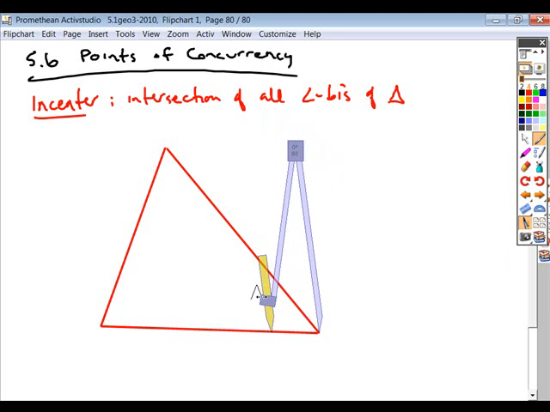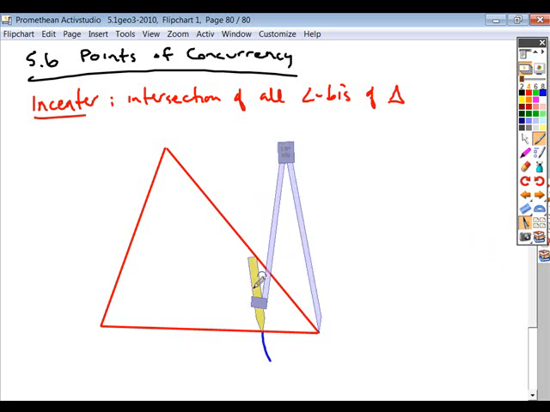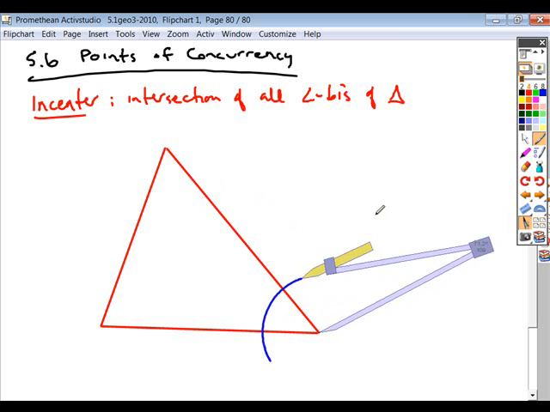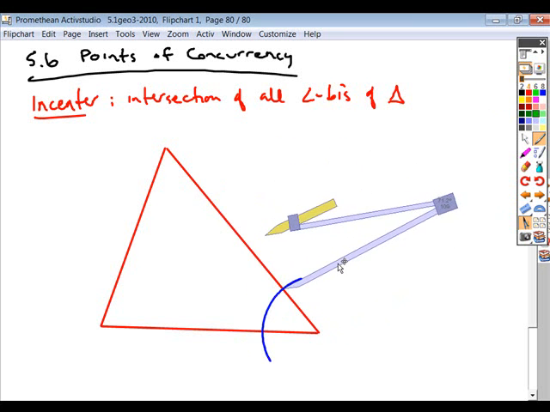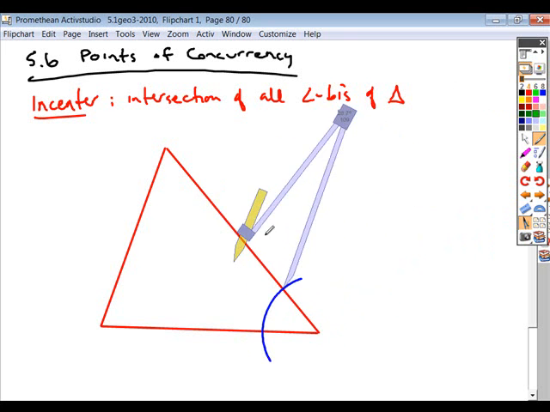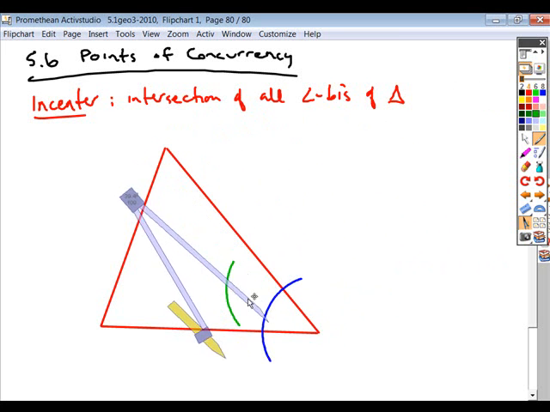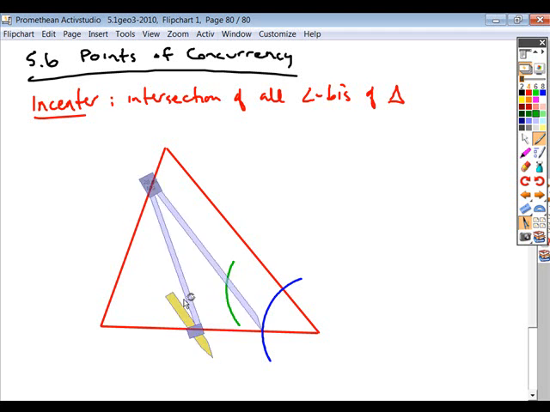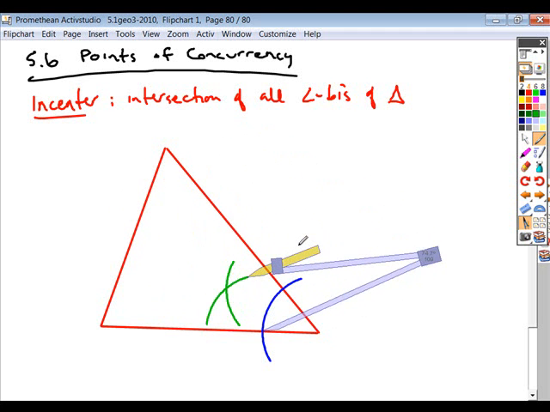So if you recall from our constructing an angle bisector involves placing the compass tip on the vertex, constructing an arc that passes through both sides of your angle. Then from each of those intersections, we're going to create an arc in the interior of our triangle. Now, if you want, you can adjust your compass at this point, but there's no reason to.